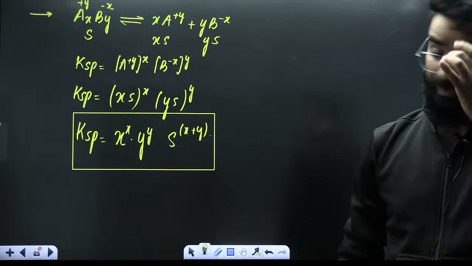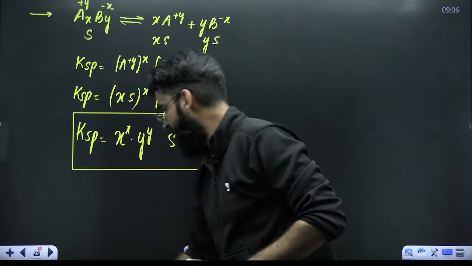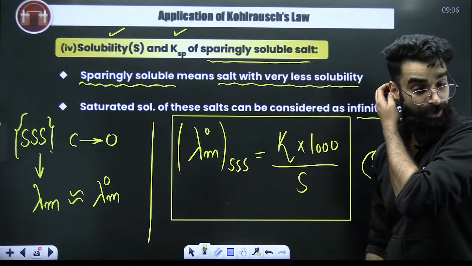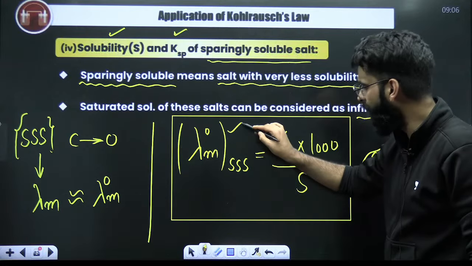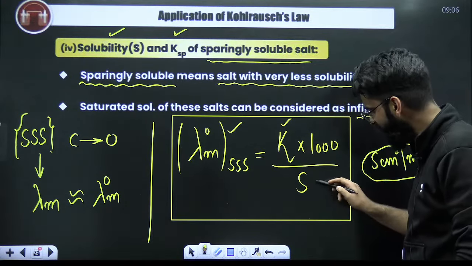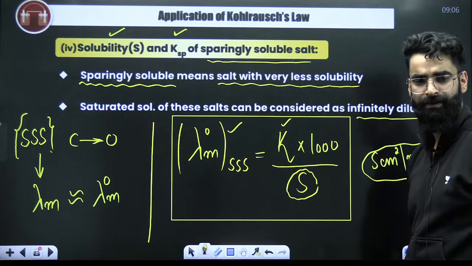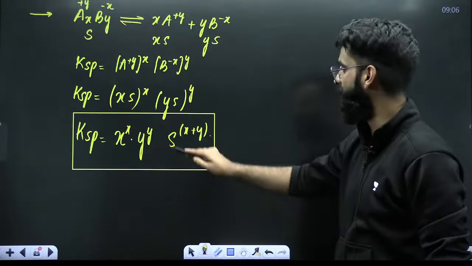Perfect. Now, my dear students, try to understand one simple thing. If you are given a sparingly soluble salt, its molar conductivity at infinite dilution, and its conductivity as well, easily you can calculate solubility, right? Once you get the solubility, you can easily write the expression for KSP.